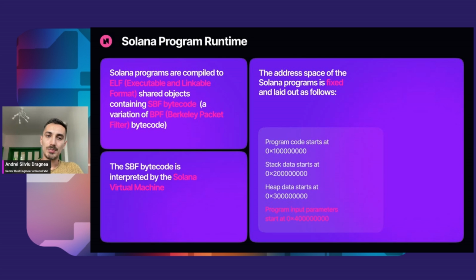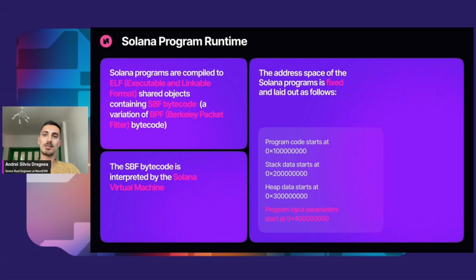Let's dive a bit deeper into what the Solana program runtime is and how it runs programs. As I said, Solana programs are compiled to ELF shared objects containing SBF bytecode. SBF bytecode is a variation of the Berkeley Packet Filter bytecode, borrowed from the Linux kernel virtual machine that is used for filtering network packets. And the SBF bytecode is interpreted by the Solana virtual machine.